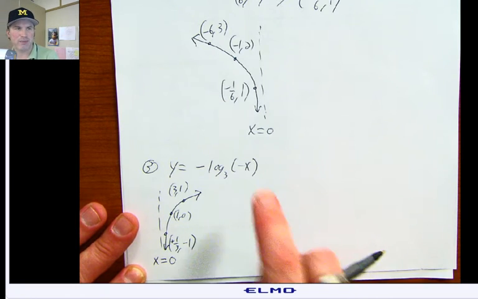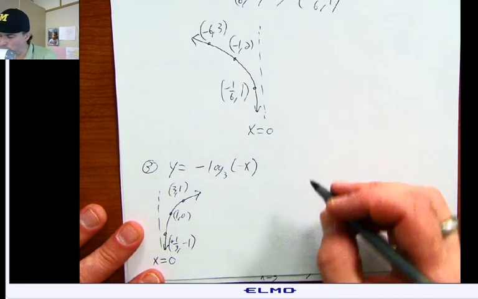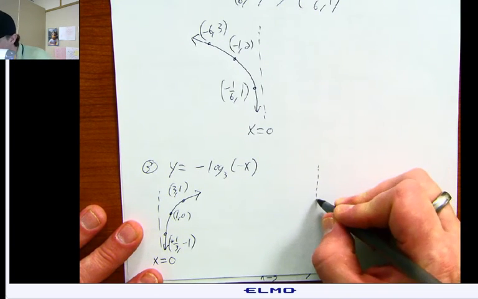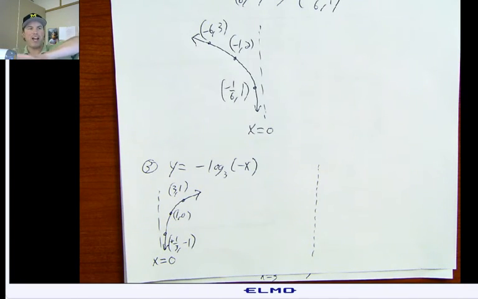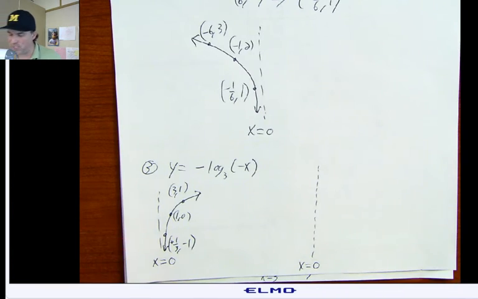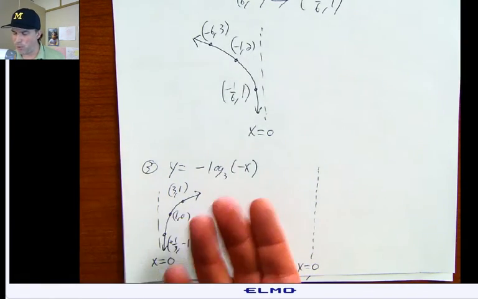And then because this one's a negative out front and a negative inside, this is a reflection over both the x and the y-axis. If I'm reflecting over the x and the y-axis, that's actually not going to change the asymptote. The asymptote would still be at x equals 0. But if I reflect over one axis, it would be pointing this way.